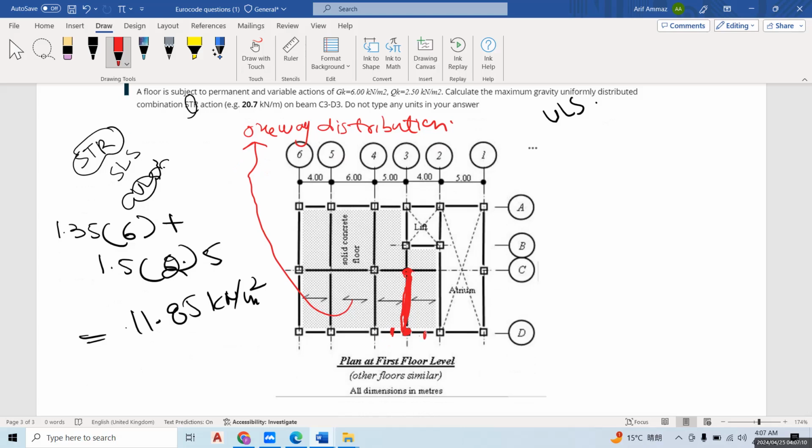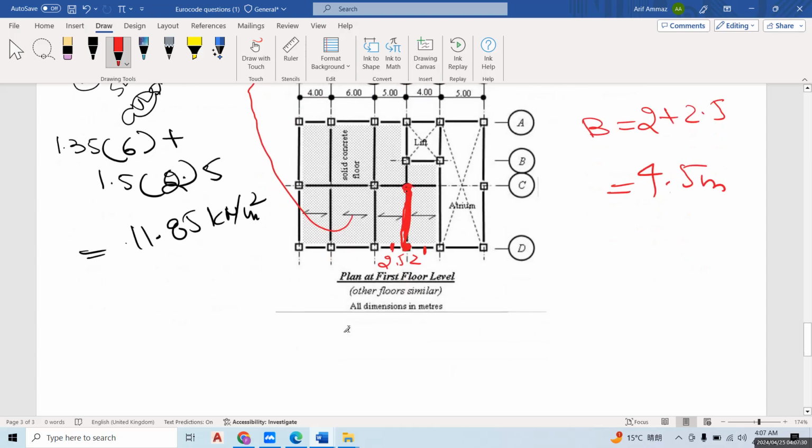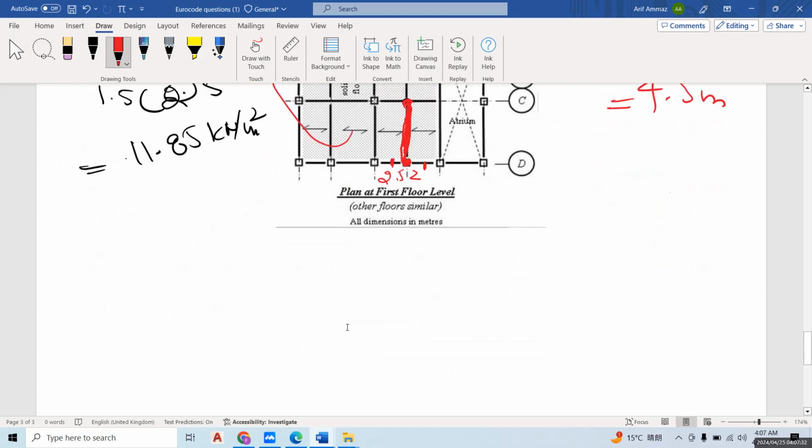Half and half. What is half of 4? 2. And what is half of 5? 2.5. So the total breadth is 2 plus 2.5 equal to 4.5. This is meter, this is kilonewton per meter squared, so you just multiply these values.